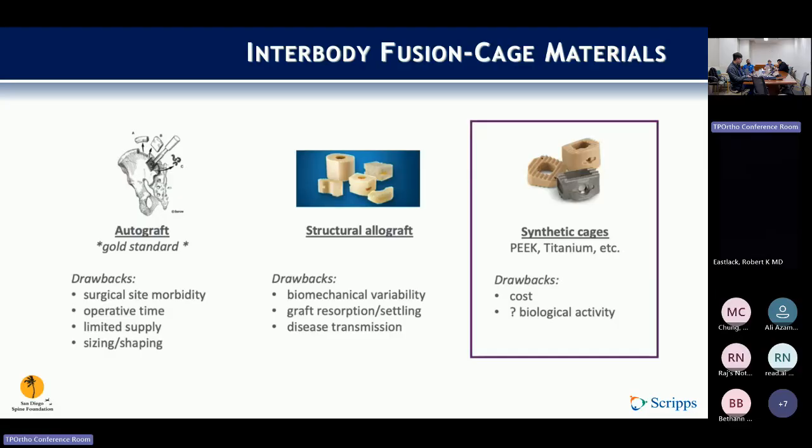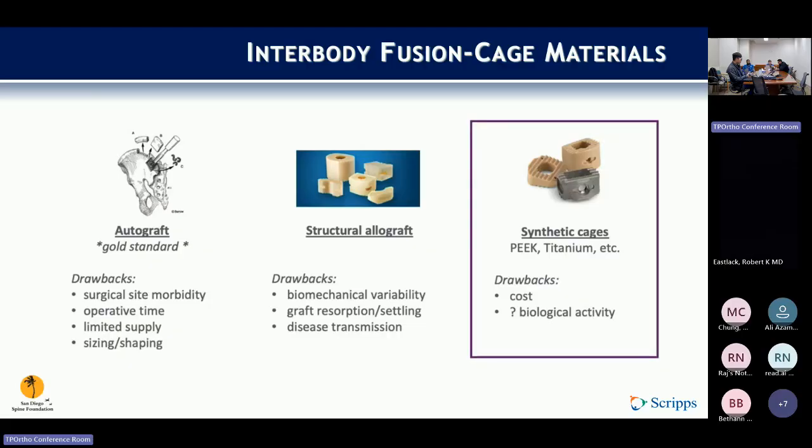Cortical autograft has remained the gold standard in terms of biology, but as we talked about earlier, it has the drawback of donor site morbidity. Allograft avoids the harvest issue, but it can resorb. Synthetic cages like PEEK and titanium are very consistent and allow for customization of the design.